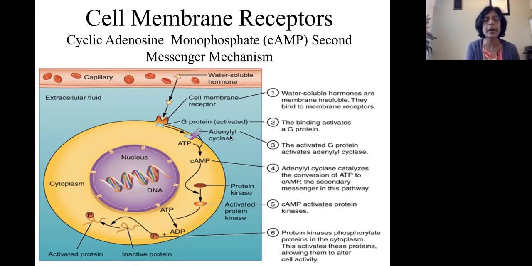You're talking about a receptor on the cell membrane, as expected, correct? So here is the example of a water-soluble hormone traveling in the blood, and it finds its receptor on its target cell. It leaves the blood and reaches the receptor and binds to it. So that's the first step, binding of the hormone to the receptor.